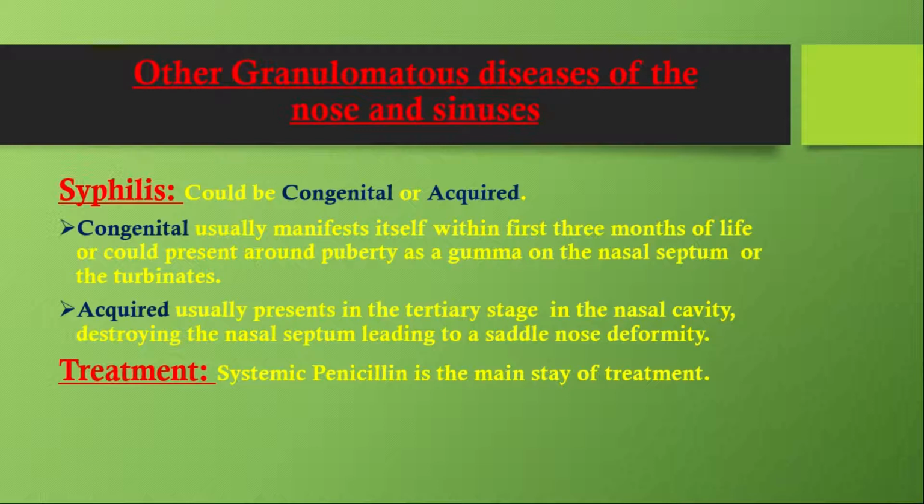Congenital usually manifests itself within the first 3 months of life or could present around puberty as edema on the nasal septum or the turbinates, whereas the acquired type of syphilis usually presents in the tertiary stage in the nasal cavity, destroying the nasal septum, leading to a saddle nose deformity. Treatment of syphilis is systemic penicillin.